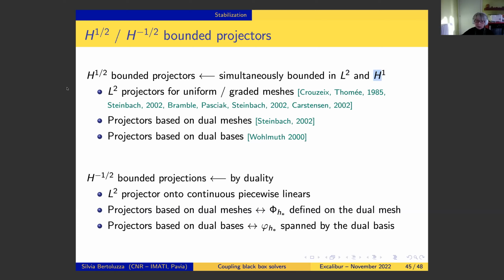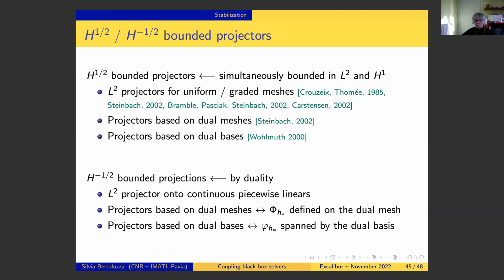There are several recipes in the literature. One can use the uniform L2 projector that for graded meshes, if the grading is sufficiently regular, then there are several results that ensure that the L2 projector is bounded also in H1.